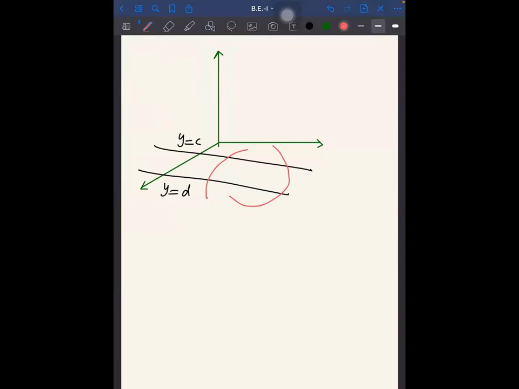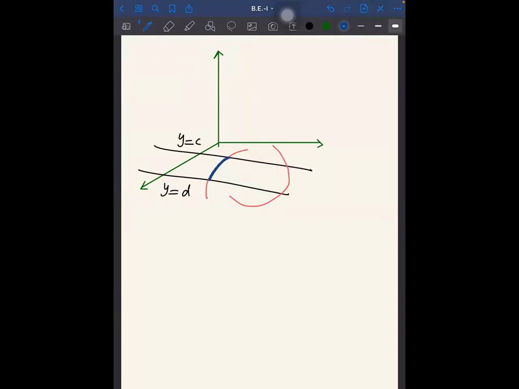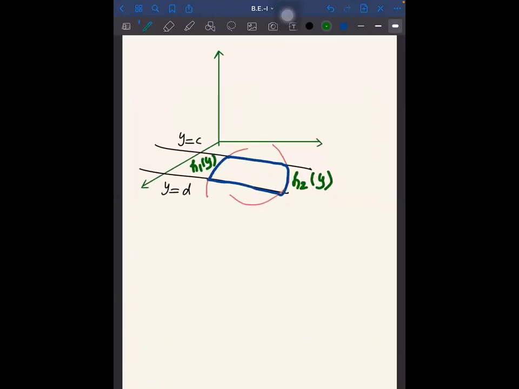So your closed and bounded region will look like this. Your x will be a function of y. So this will become h1(y) and this will become h2(y). Are you with me? Yes, sir. So we'll do the question based on this in our next lecture. So that's it for today.